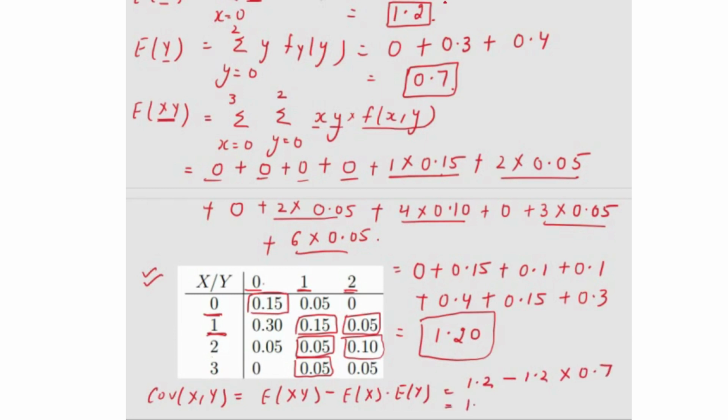So this is 1.2 minus 0.84, which equals 0.36. This is the covariance between x and y.